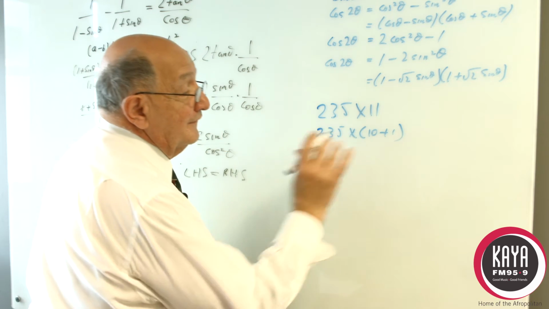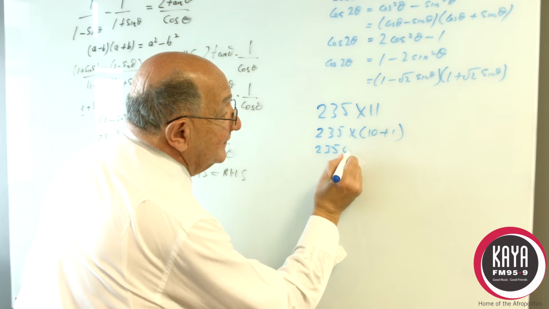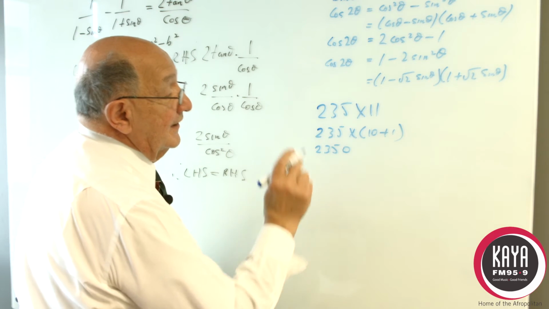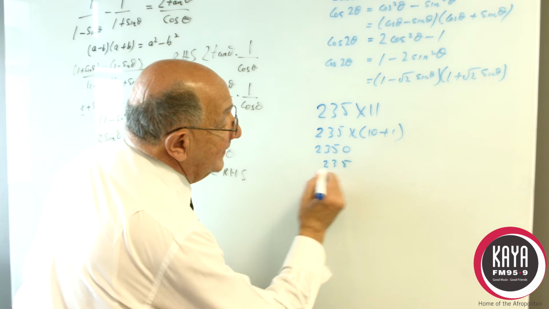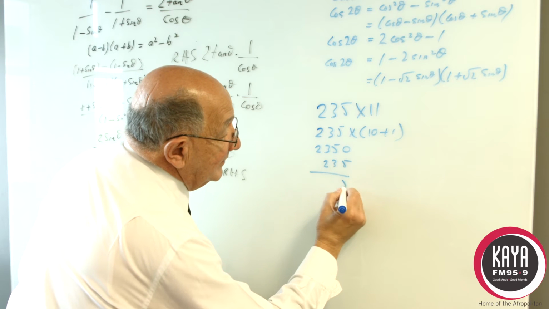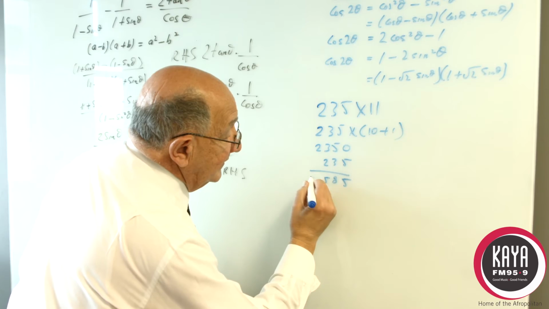So 235 times 10 will be 2350, and 1 times 235 will be 235, which you add up is a 5, an 8, a 5, and a 2.